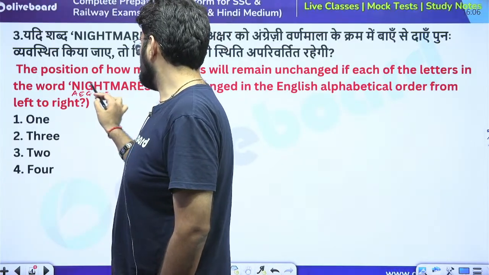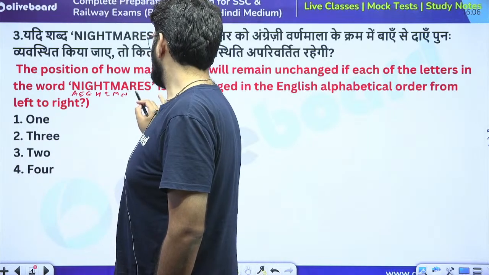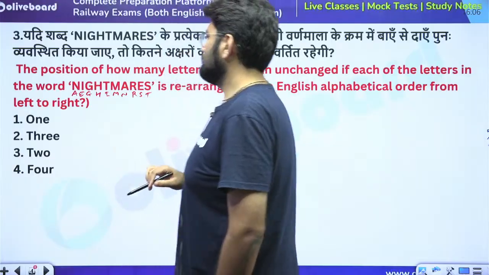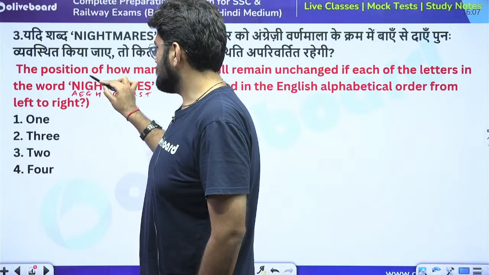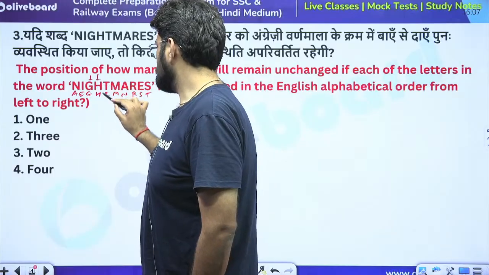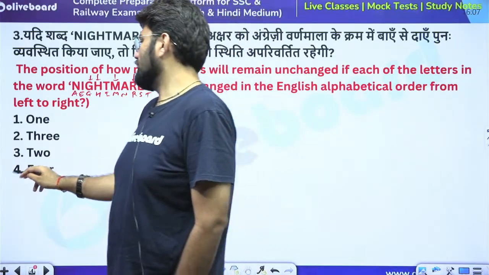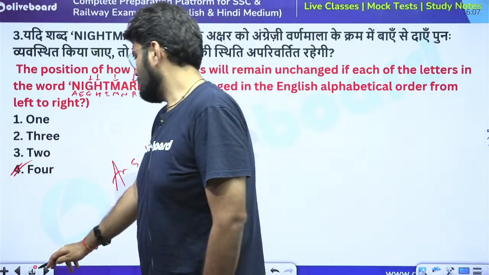After 9 I can see a 13, a 14, and 18, 19 and 20. That's it. So which letters have not changed their places? There is one G, H, M, R. So 4 letters have not changed their places, right? Next.